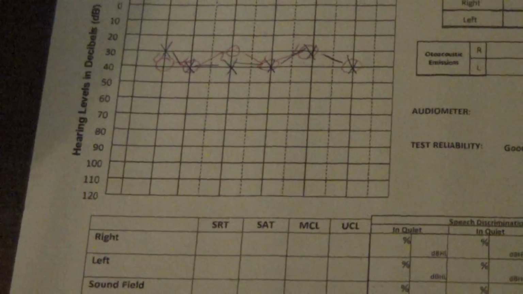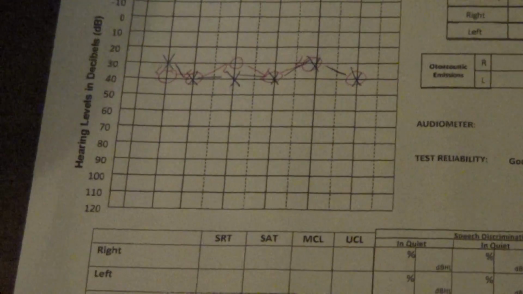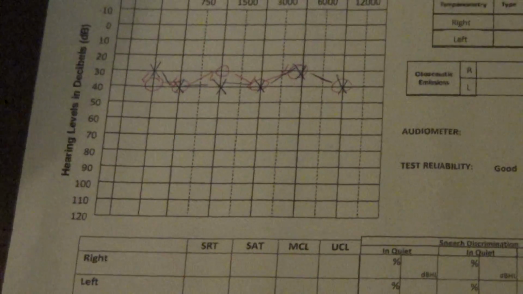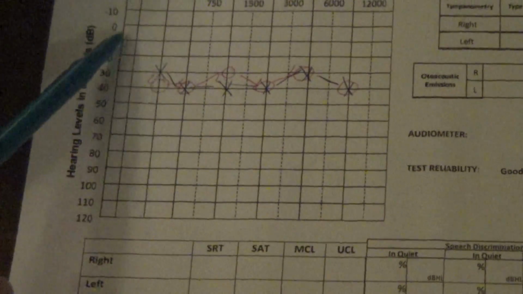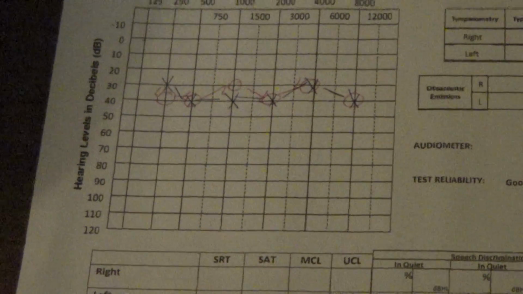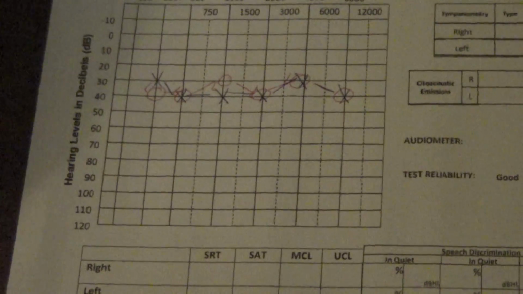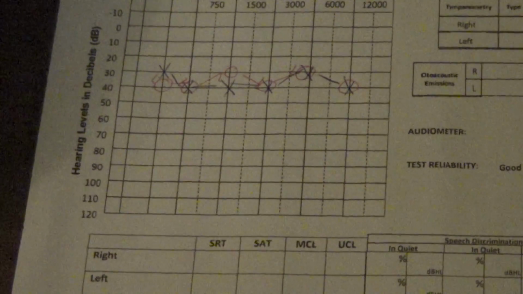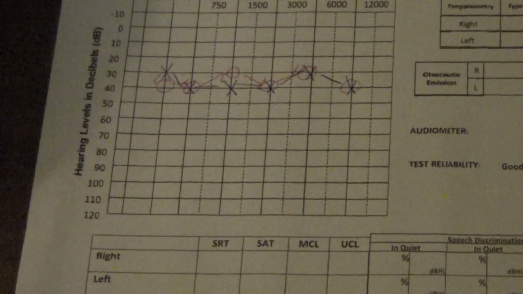My guess in that case would be that the person was probably trying to malinger, because they were responding to speech down to 0 to 5 decibels and not realizing that they were actually being tested, as opposed to the pure tones. Okay, so that's why we do the SRT in audiometry.